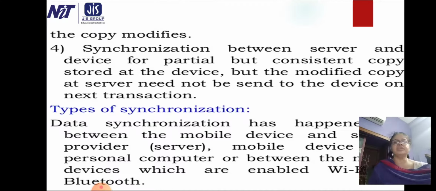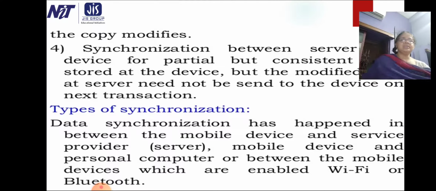Types of synchronization. Data synchronization happens between the mobile device and service provider, mobile device and personal computer, or between mobile devices which are enabled with Wi-Fi or Bluetooth.